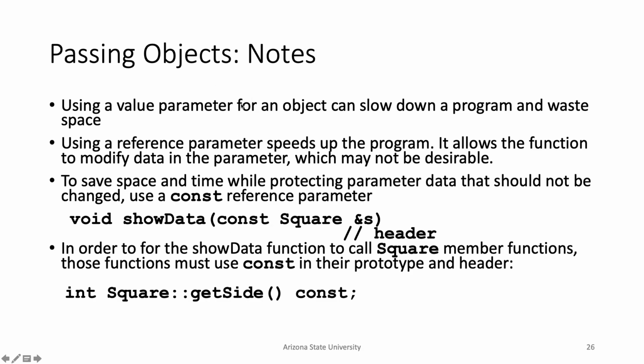Here's something that's actually really interesting. If you can guarantee that the object or whatever type you pass in is never going to be changed at all, use const, because that communicates to anyone using, say, this show data function, hey, I'm never going to modify your square.